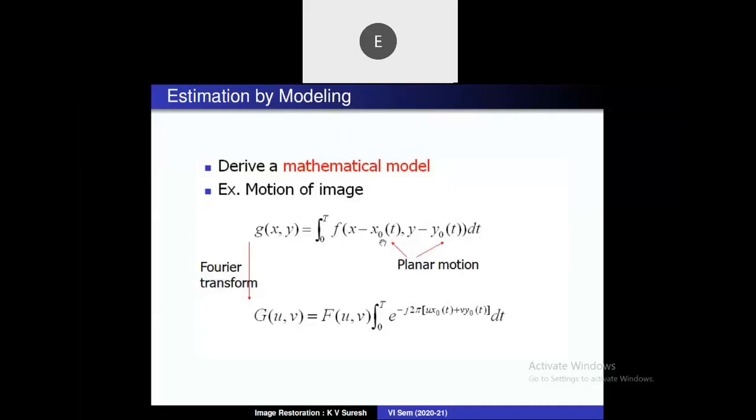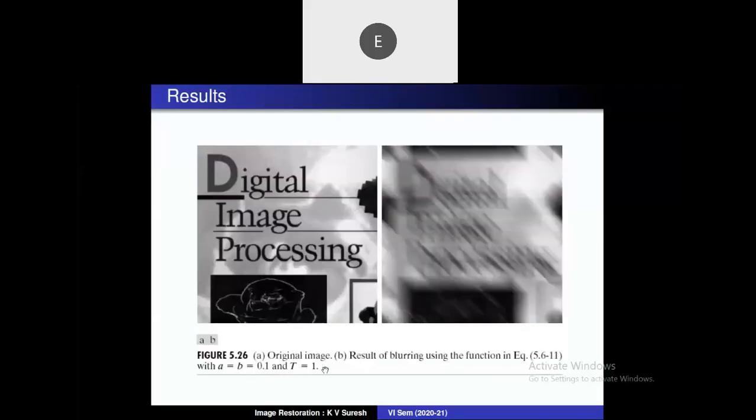Now using the shift in the spatial domain property of the Fourier transform, I will obtain this. So this will be your blur transfer function, which depends on the shift x naught and y naught. If I assume the shift to be simple uniform motion, like linear motion, a times t and b times t, then by using different values of a and b, I know the amount of blur.